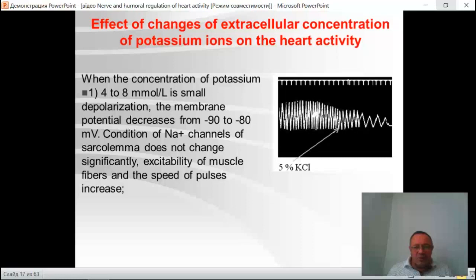The condition of sodium ion channels of the sarcolemma does not change significantly. Excitability of muscle fibers and the speed of pulses increase. This result you can see on the electrogram.